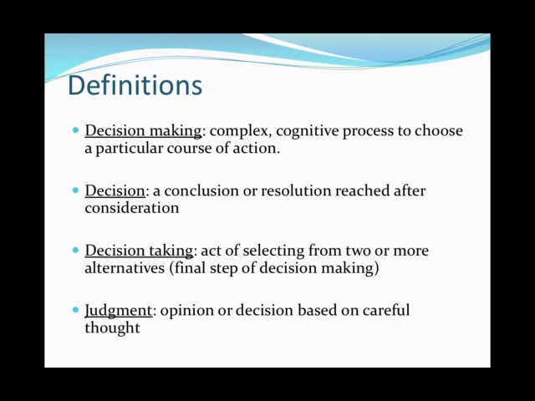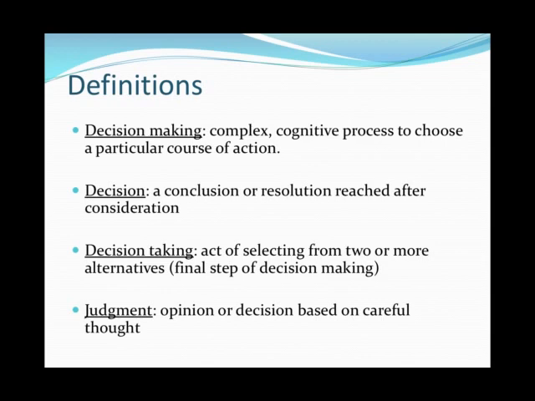And a judgment is an opinion or decision based on careful thought. So decision making is everything. Decision taking is the last step of the decision making process, and the decision itself is whatever you have decided to do.